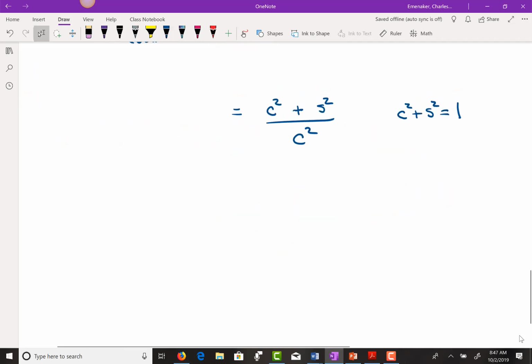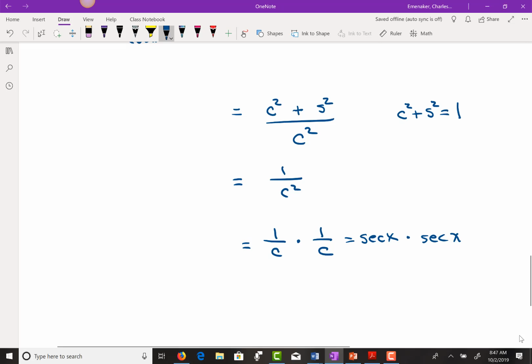So, this can be rewritten now as 1 over cosine squared, which is 1 over cosine times 1 over cosine. That's kind of a sad looking numerator there, which is secant of x times secant of x. How long did that one take? Way under 2 minutes.